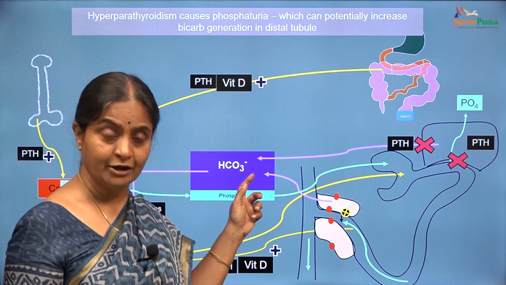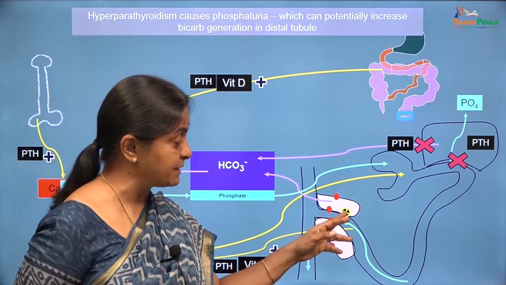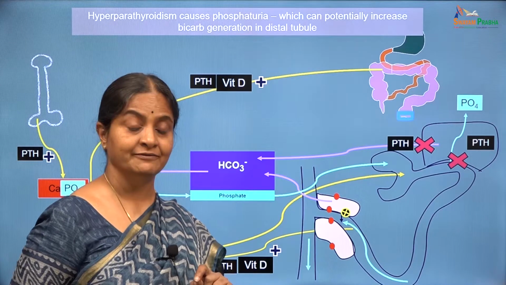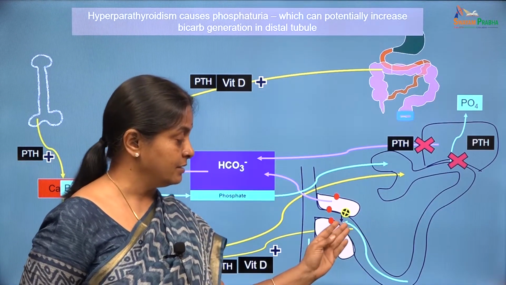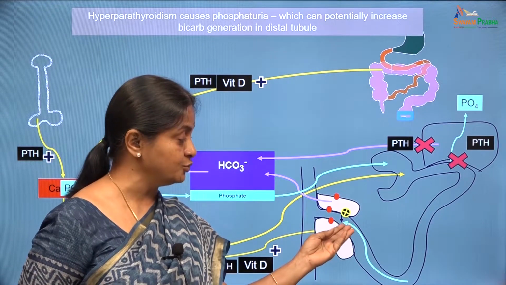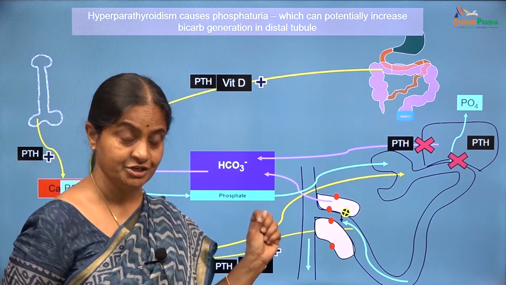In fact, in hyperparathyroidism, there is a hypercalcemic state which through calcium sensing receptors can induce proton pump activity. Then there is a phosphaturia where the availability of more phosphate in urine could also aid in proton extrusion and consequent bicarbonate generation.